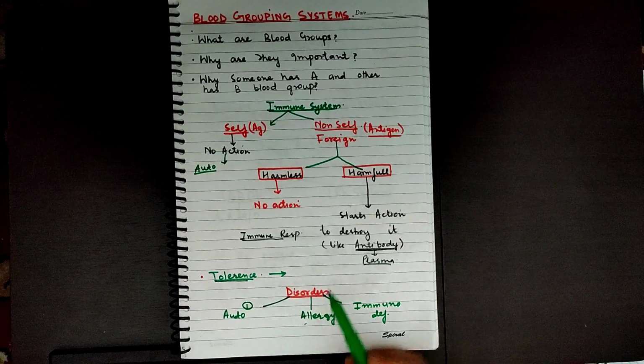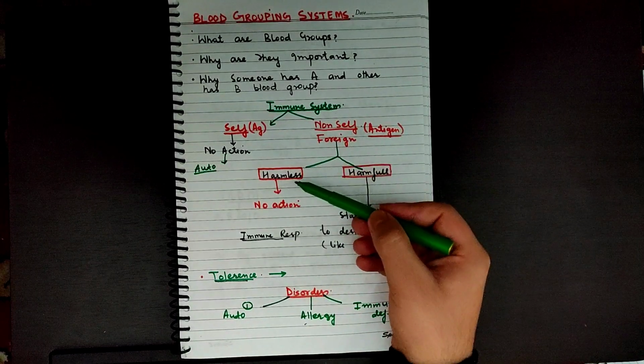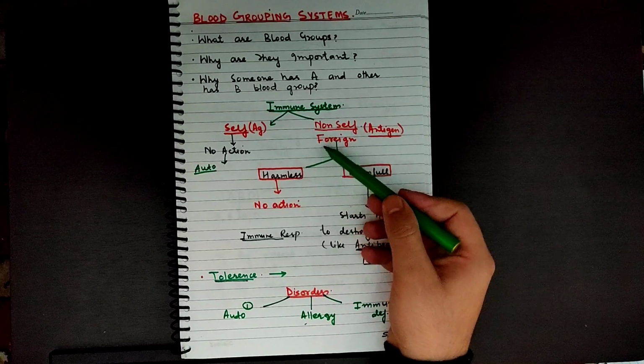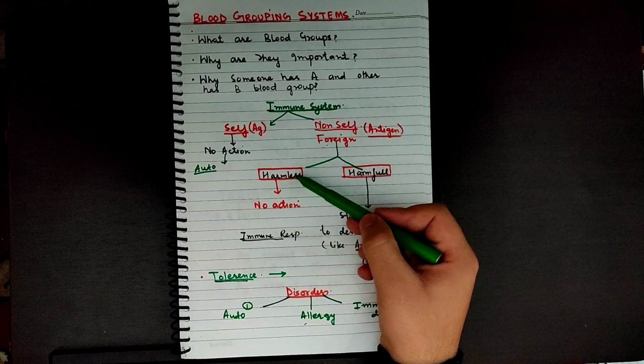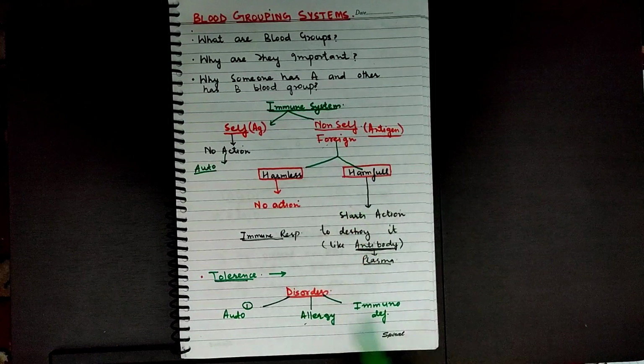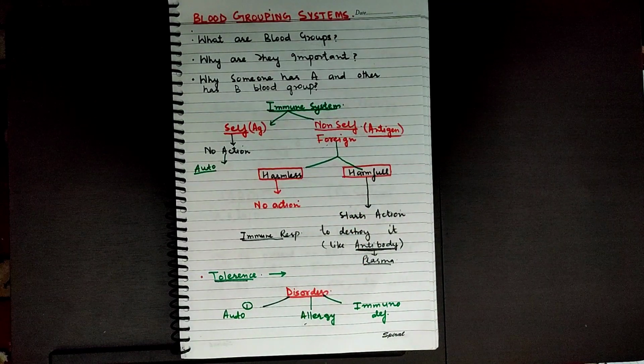Second is allergy. If the immune system starts acting against foreign harmless antigens, this disorder is known as allergy. इस चीज को हम लोग एलर्जी बोलते हैं. Normally our immune system does not act against harmless substances, but if it starts acting against these harmless substances, this is known as allergy.